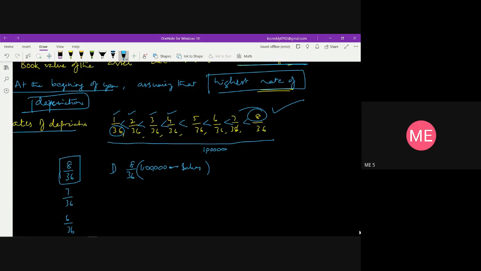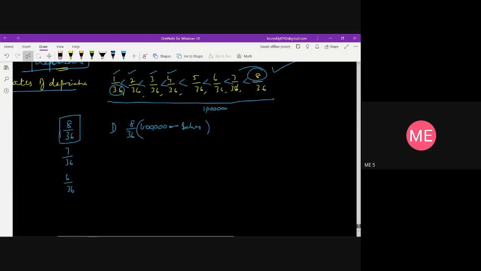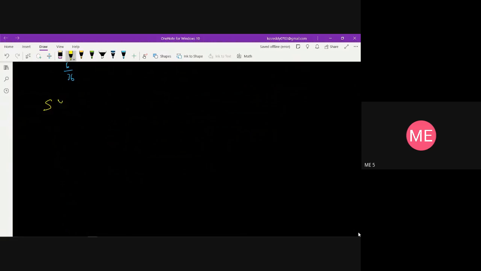So this is how the rates work. As we told, at the beginning of the year, we need to take the highest rate of depreciation while calculating the depreciation. So how to calculate this depreciation? In the sense, the equation for this method which we are discussing, the sum of years digits, SYD method, we can call it the SYD method of depreciation.